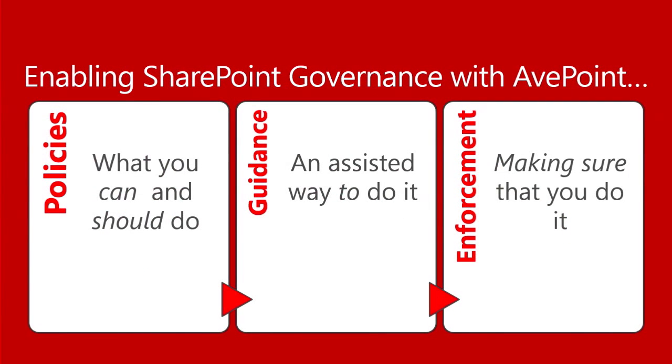Our three pillars here, and especially with respect to the AvePoint governance automation, but in general, we need to address the policies, what users can do or should do in the environment, and then we need to provide that guidance. We need to enable the business users to do it correctly the first time.